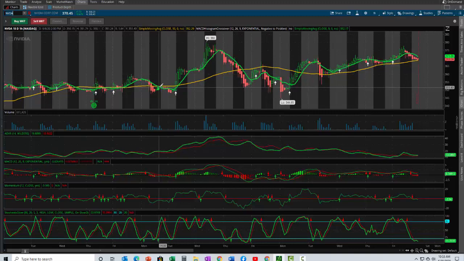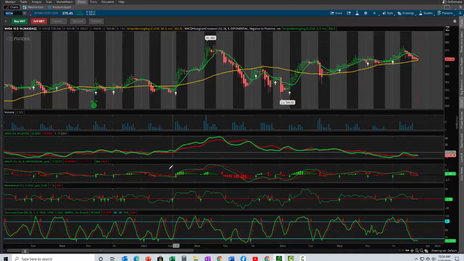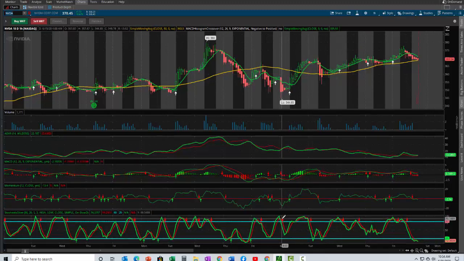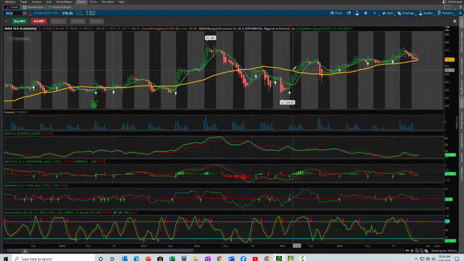So in NVIDIA's case, this would have been the perfect setup from here. It's okay within a couple bars of each other as long as the ADX is building like you want to see. The ideal case is that they line up perfectly like this. You see how this momentum builds up. But again, you see how this was red and it's not above 50?